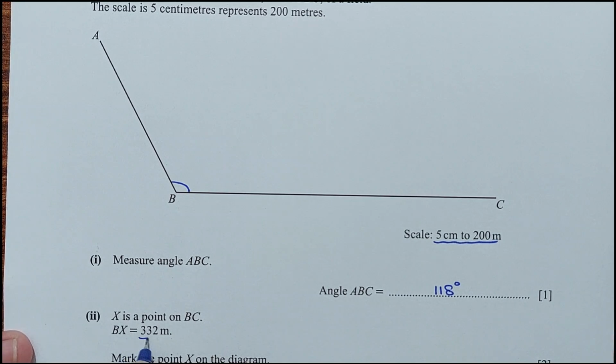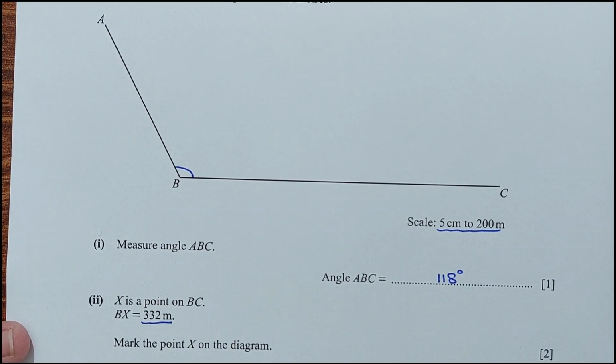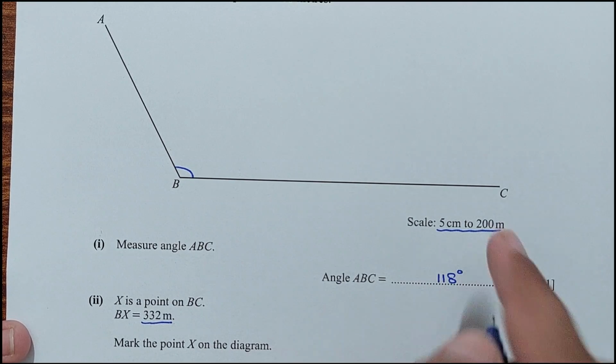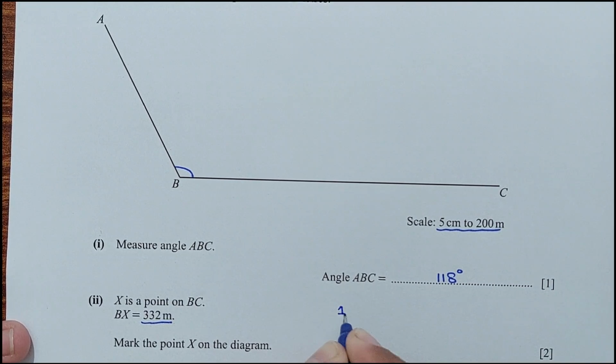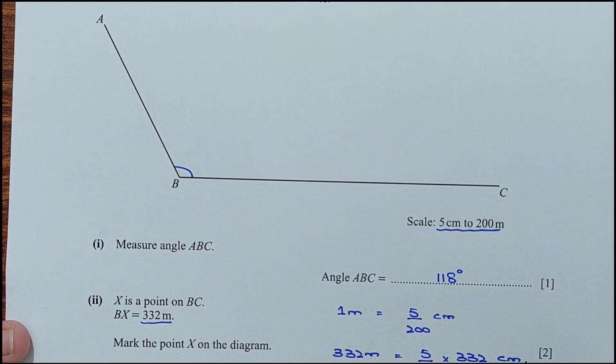B to x we have been given is this much, right? Okay, so from the scale we know that 1 meter is 5 out of 200 centimeters. What about 332 meters? This is 5 out of 200 times 332 centimeters, right?